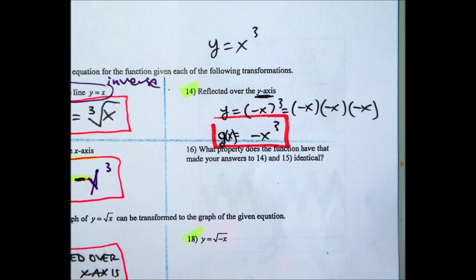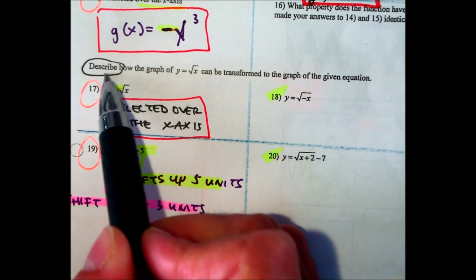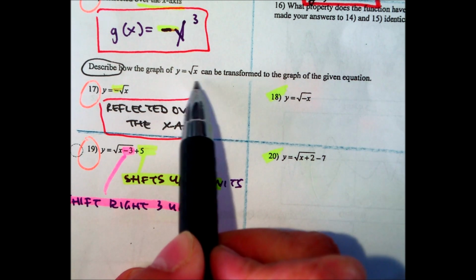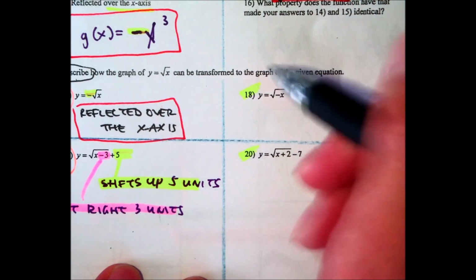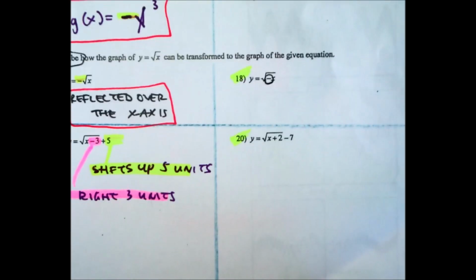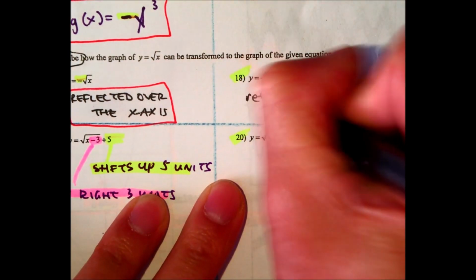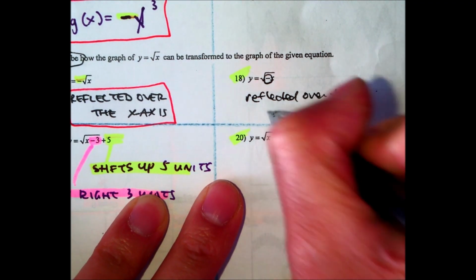We skipped question 16. Let's go to 18. Describe in words how the graph of y equals the square root of x can be transformed to the given equation. So class, I noticed the negative sign is on the inside. What does that mean? Reflected over the y-axis.